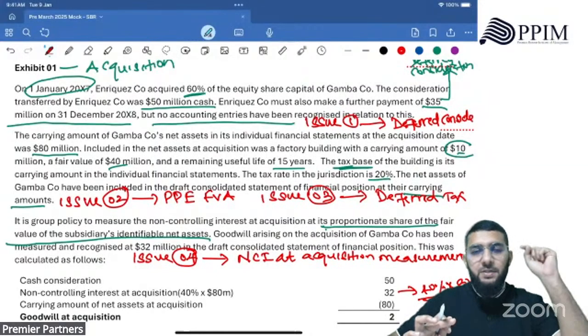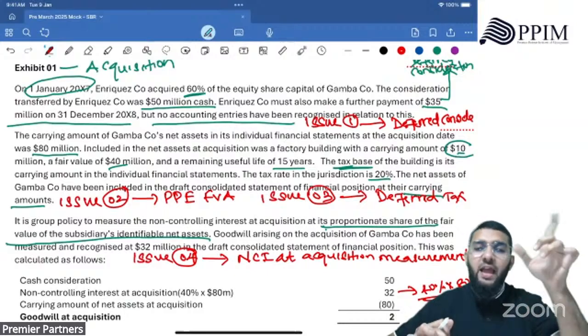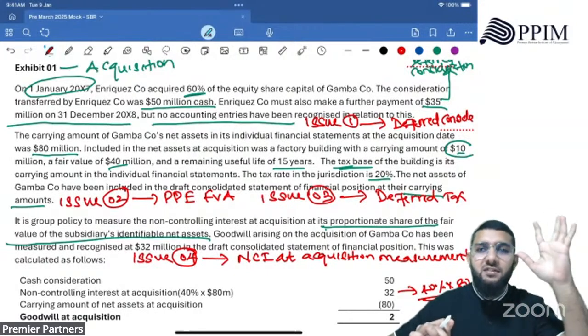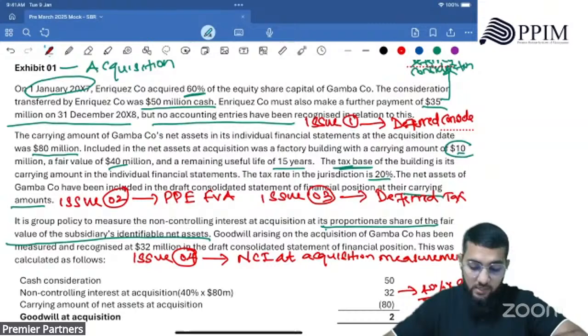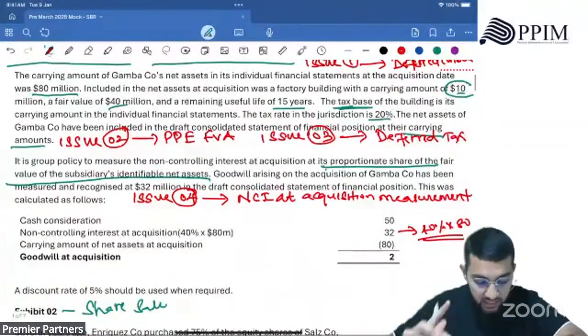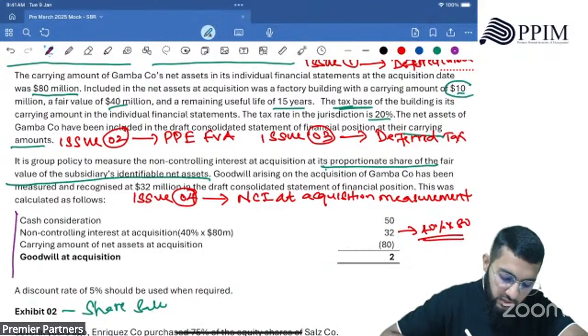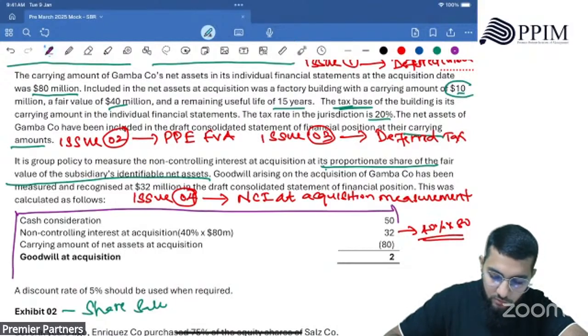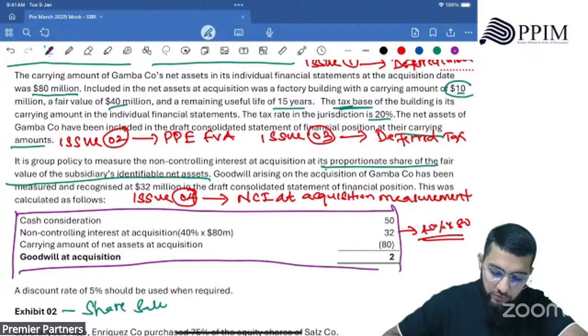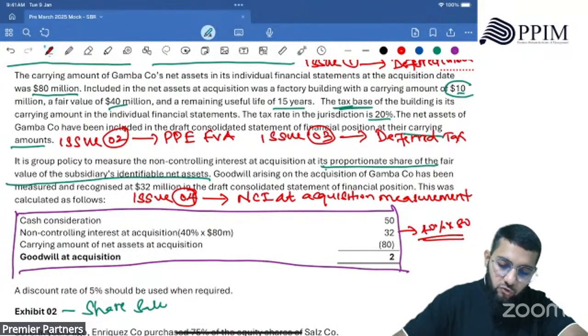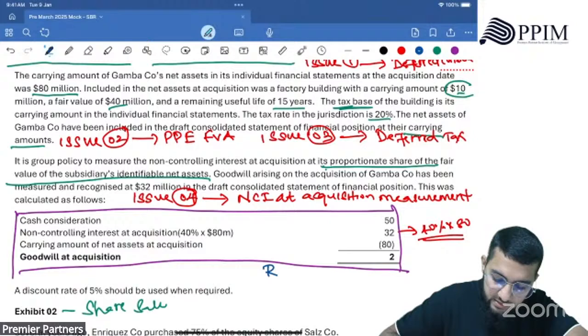Deferred tax implication impacts the liability, and fair value for liability also needs to be considered for the goodwill calculation. That means this entire calculation of goodwill is also wrong. So when we're calculating, you have to provide a revised goodwill calculation.